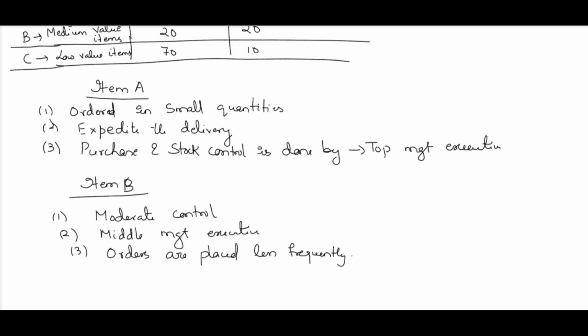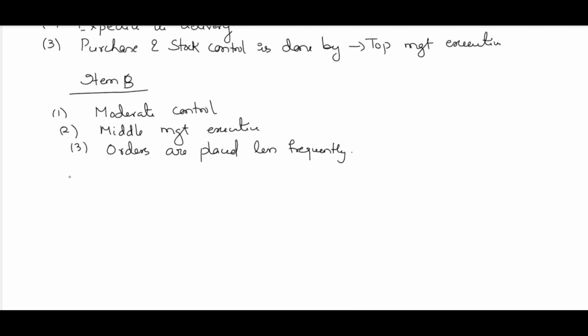Next category is item C, that means items under category C. C category items are marginally important items of the company, and it accounts for about 45 to 50% of the total inventory items, and it accounts for 10% of the annual consumption value of the company, as I have shown in the table.